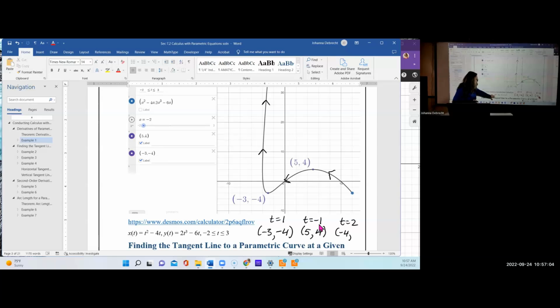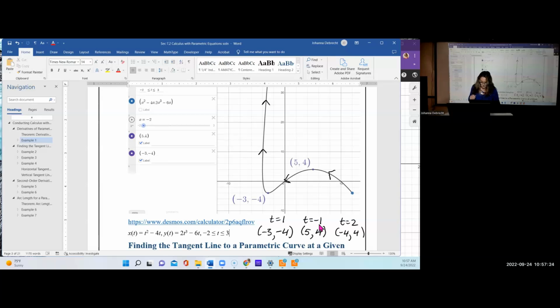And here, if I plug in 2, I get 8 times 2 is 16. 2 times 6 is 12. So 16 minus 12 is 4. So it says there's something going on there at negative 4, 4.